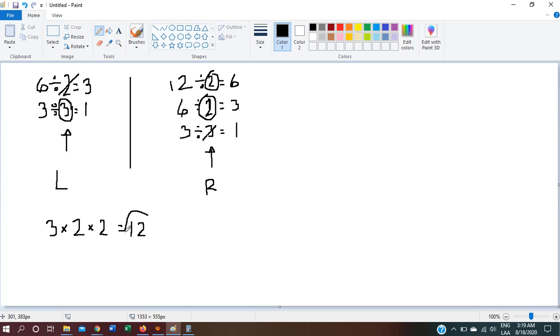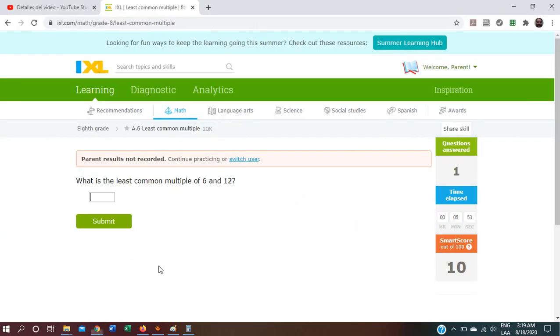This is what we are looking for, the least common multiple. We type our answer in here, 12. We submit our answer and brilliant.